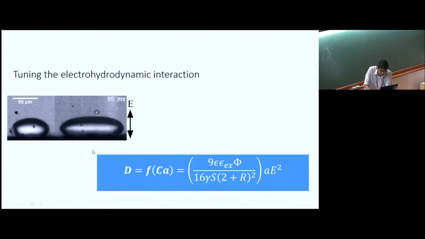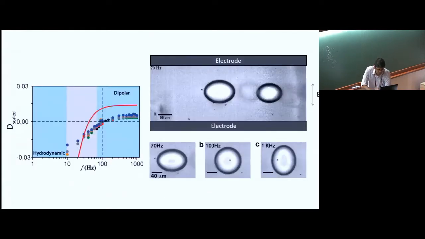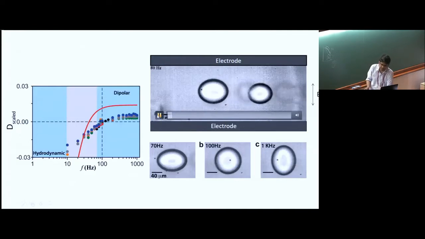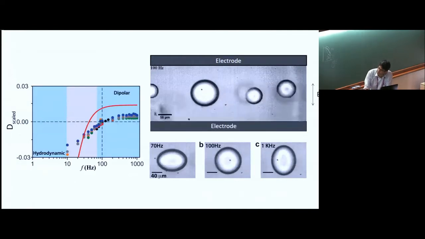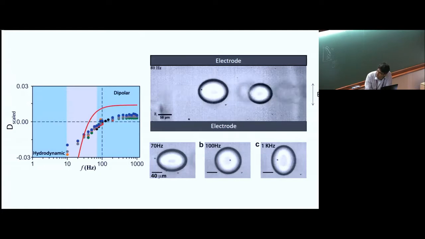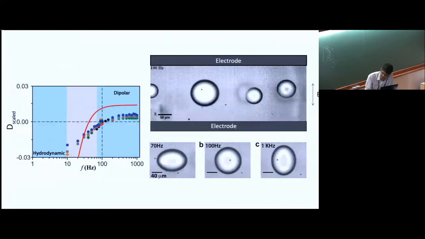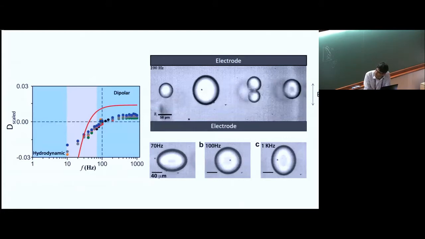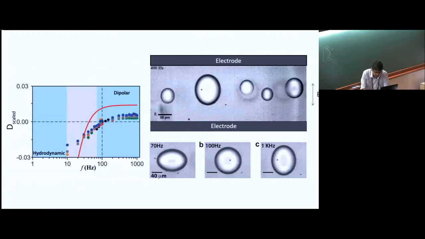That's not what a dielectric droplet would typically do. So you sweep in frequency. If you go from about 70 hertz to 1 kilohertz, you can convert a droplet which is basically circular to something which is prolate, and this is oblate. It's an oblate to prolate transition.